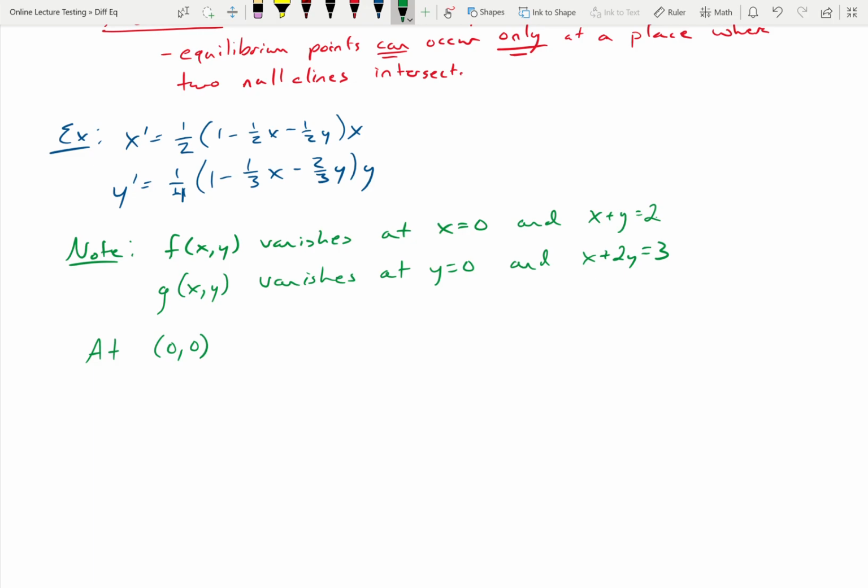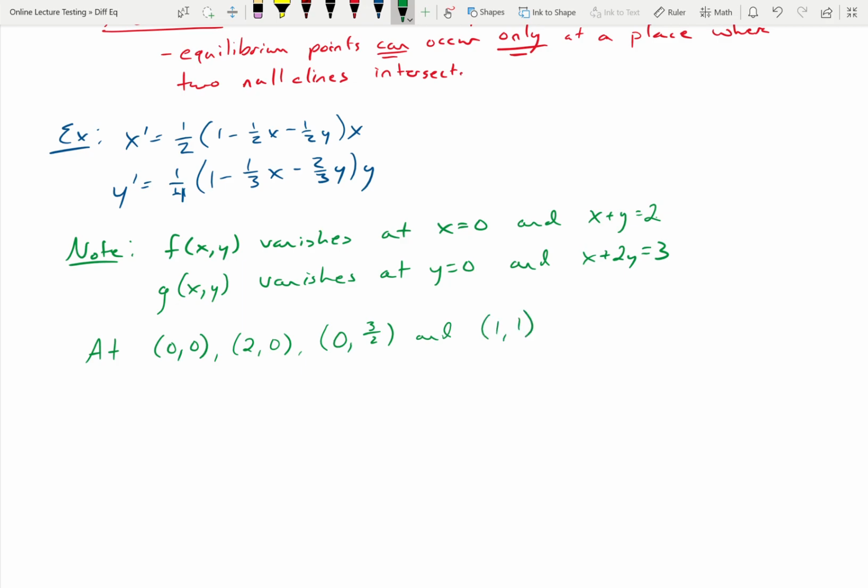And then if we can find out the commonality between these two, if I plug in (2, 0) into this, I will get out another equilibrium point because the 2 will cause this to go to 0 for x prime, and then the 0 will cause the second function to go to 0, and then also (0, 3/2) and (1, 1).